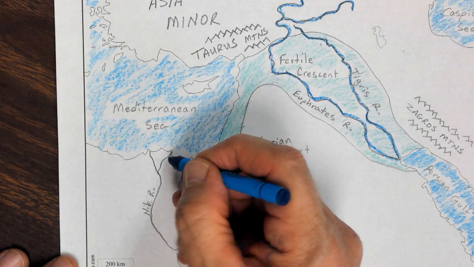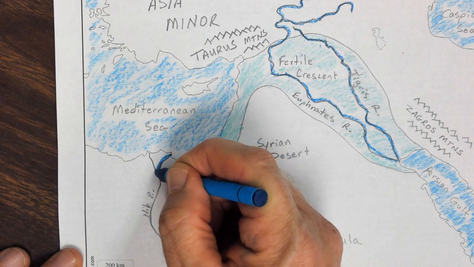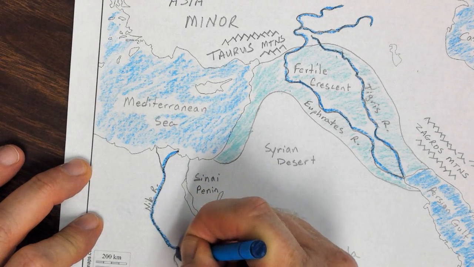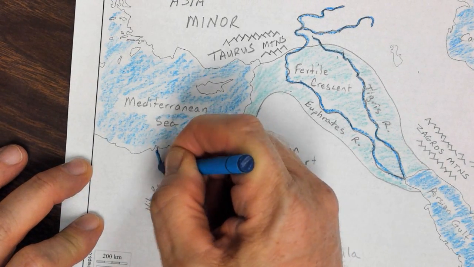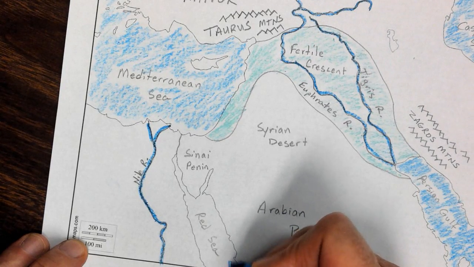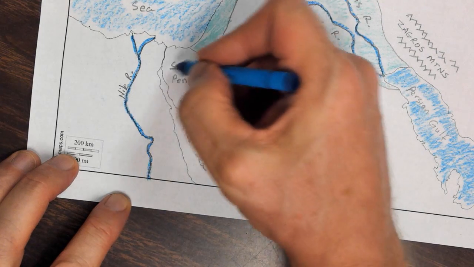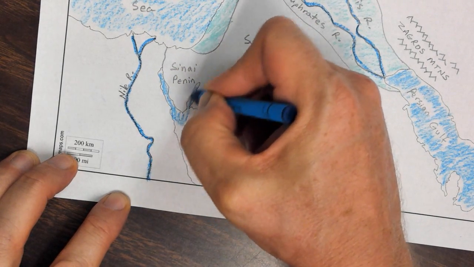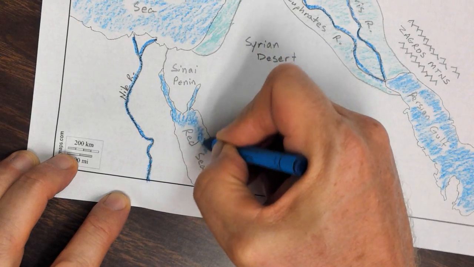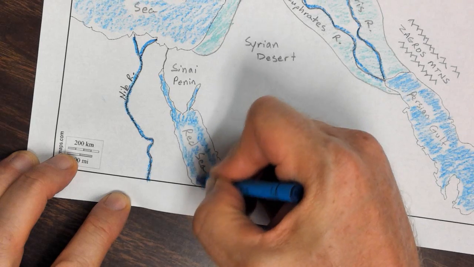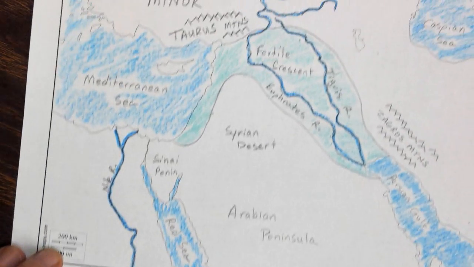Okay, I'm going to trace my Nile River here, nice and dark, like so. Color my Red Sea. Like so. There.